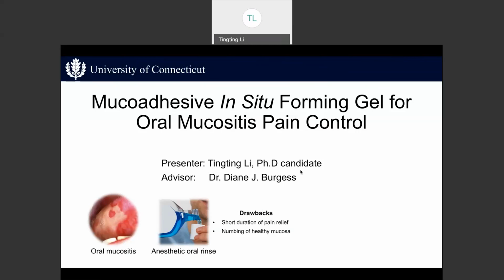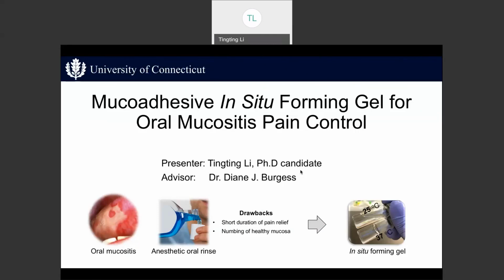Therefore, to overcome these drawbacks, I have designed and developed this novel dosage form, mucoadhesive in situ forming gel. So basically, it is a mucoadhesive dosage form, so it sticks on the oral mucosa surface and prevents spreading over the whole oral cavity.